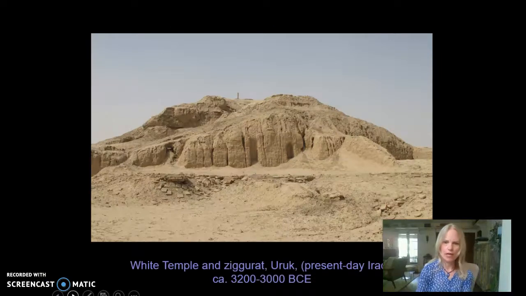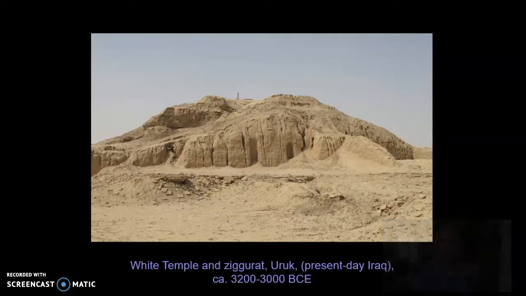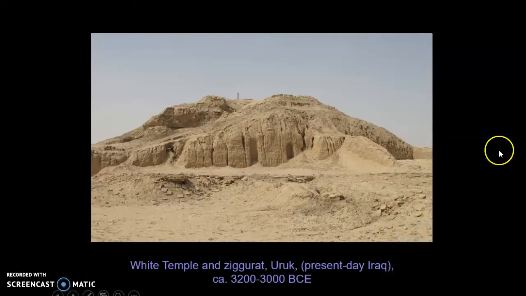All right, I have a couple minutes here in my time. Let me introduce you here to the White Temple and Ziggurat in Uruk, dating 3200 to 3000 BCE. Now, looking at this photo, it's hard to recognize that as anything extraordinary. That looks like the many decomposing granite hills and mountains on the route you take to Vegas, through the California desert.